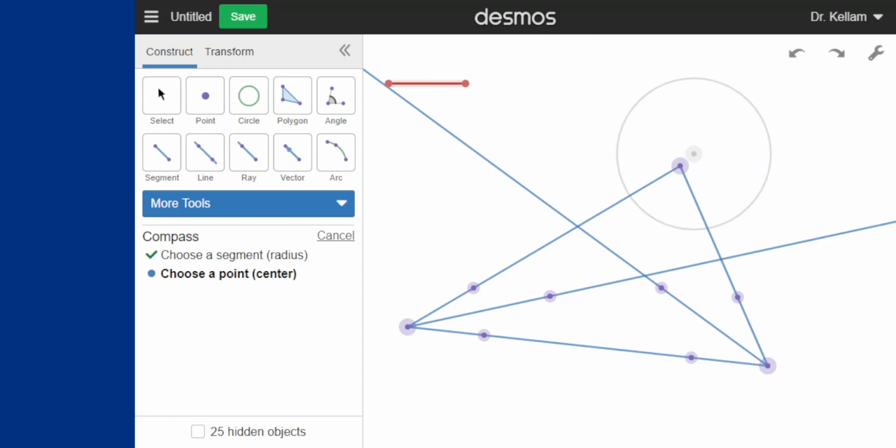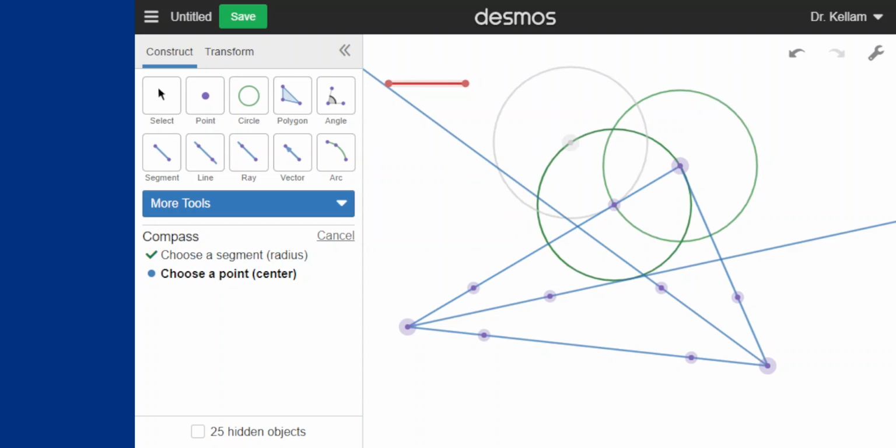So one, two, three. And that looks to be right.